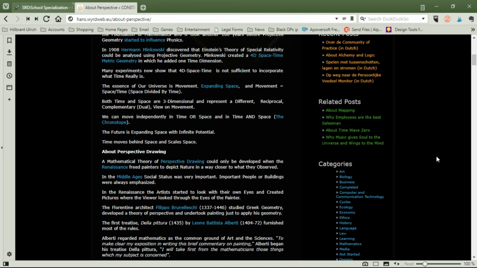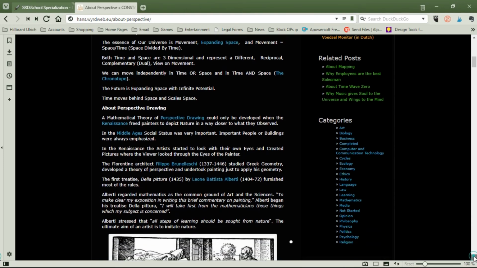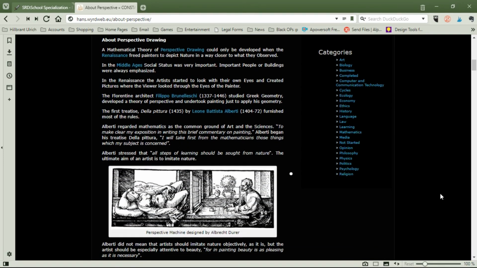We can move independently in time or space, and in time and space, the chronotope. The future is expanding space with infinite potential. Time moves behind space and scales space. Right? It moves behind space and scales space as it relates to movement.